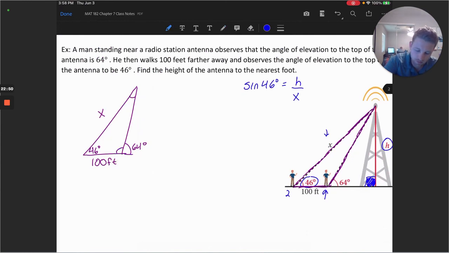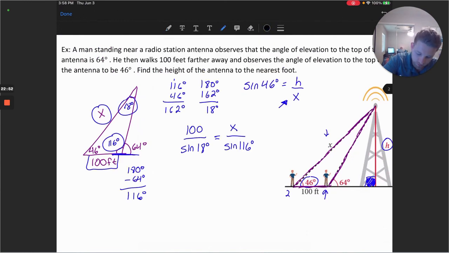So again, let's multiply by sine of 116 on both sides. If we do so, the sine of 116 will cancel, and we'll have x is equal to 100 times sine of 116 divided by sine of 18 degrees.